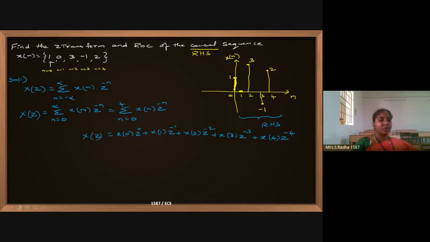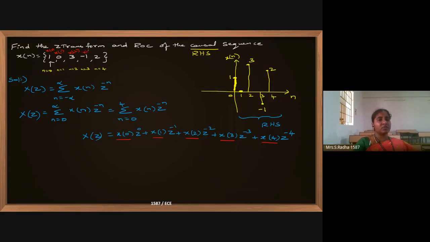Now, the signal values are available: x of 0, x of 1, x of 2, x of 3, x of 4 are given in the question. This is the value of x of 0, this is x of 1, this is x of 2, where I substitute n equal to 2.